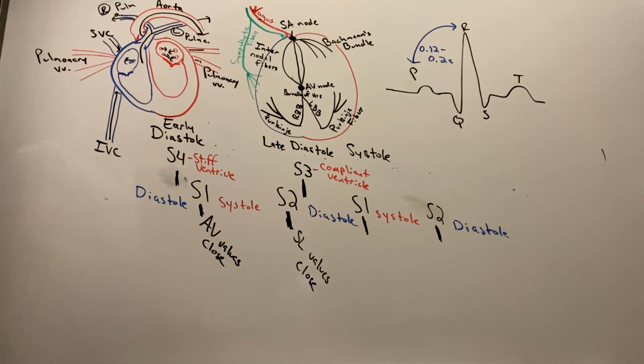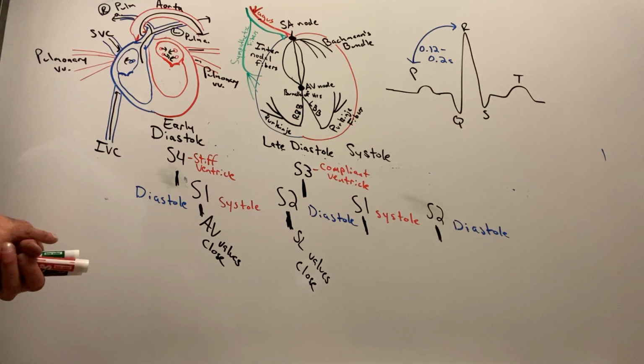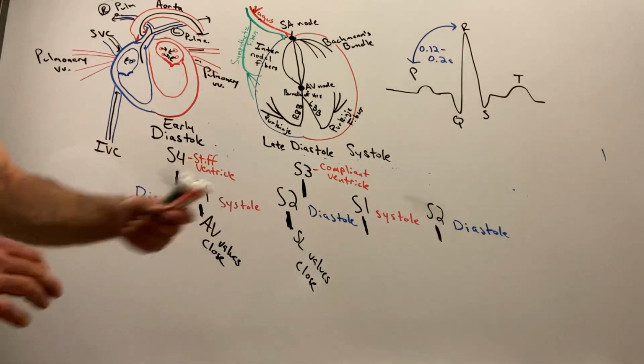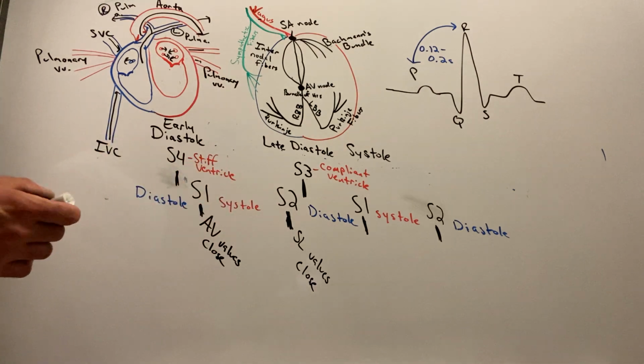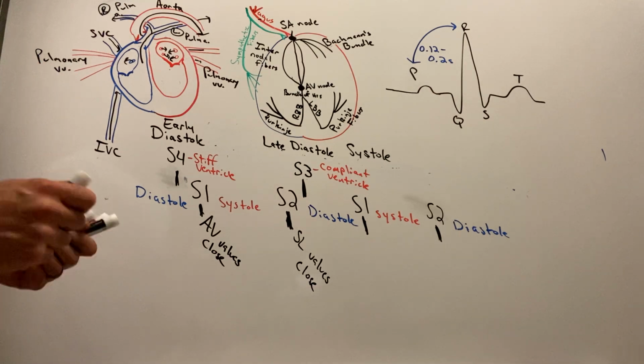So one trick to remember this, which I hope will help you, is the way I learned it: think of the states Kentucky and Tennessee. If you have an S3, we say Kentucky, Kentucky, Kentucky.